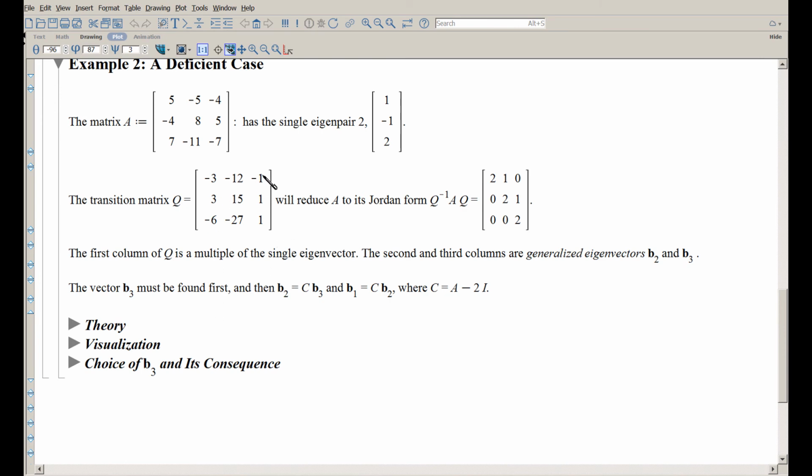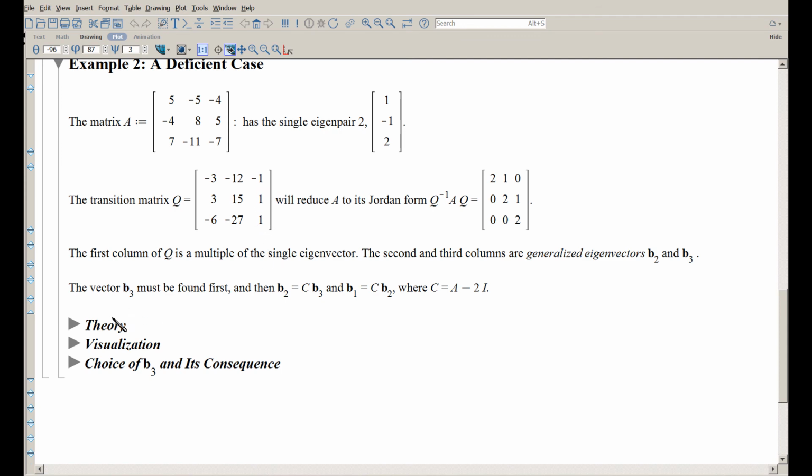Well, if somehow or other you can find this third column, the second column will be A minus 2I times the third column. And the first column will be A minus 2I times the second column. So you start from the third column, you can then get the second column, you can get the first column.